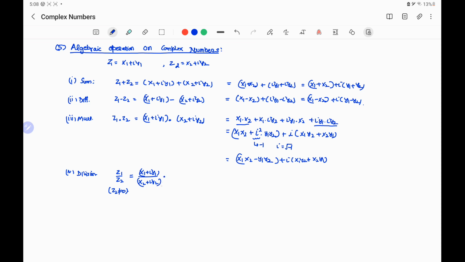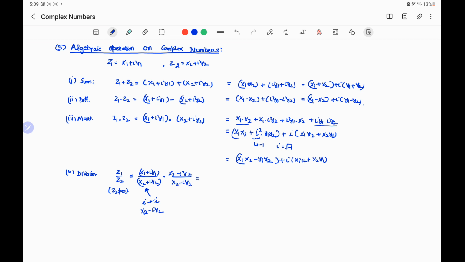To simplify, we multiply numerator and denominator by the conjugate of the denominator. Conjugate we will define later, but for understanding we can say that to find the conjugate of a complex number, we have to replace i with minus i. So the conjugate of the denominator will become x2 minus iy2. So we multiply numerator and denominator by x2 minus iy2 divided by x2 minus iy2.